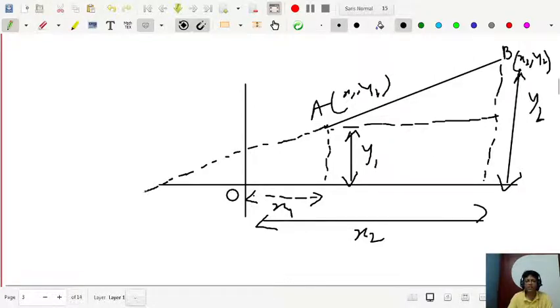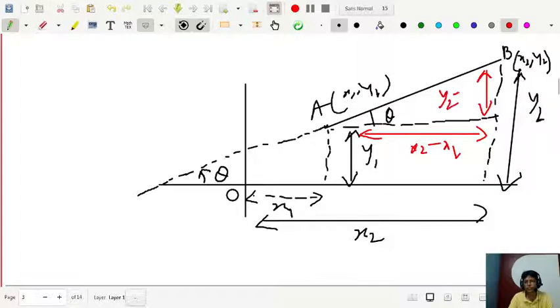So that it will intersect the x-axis. This is the positive direction and this is the anti-clockwise direction. This makes an angle theta. The difference between the two abscissas is x2 minus x1, and this is y2 minus y1.